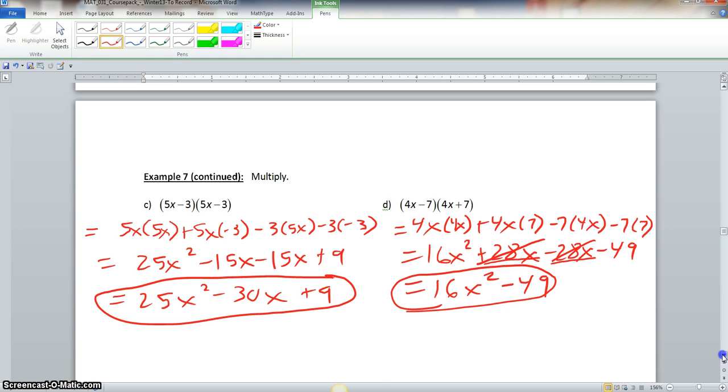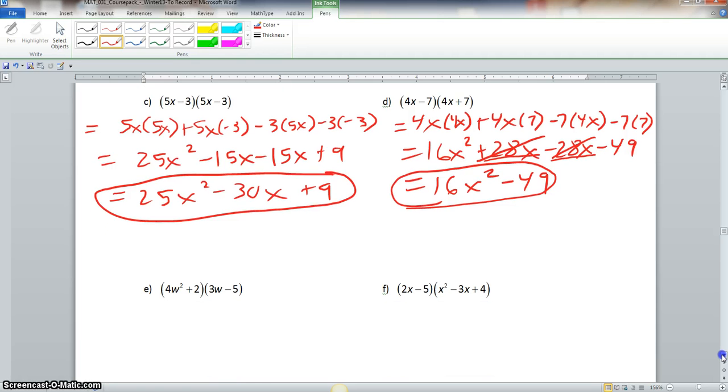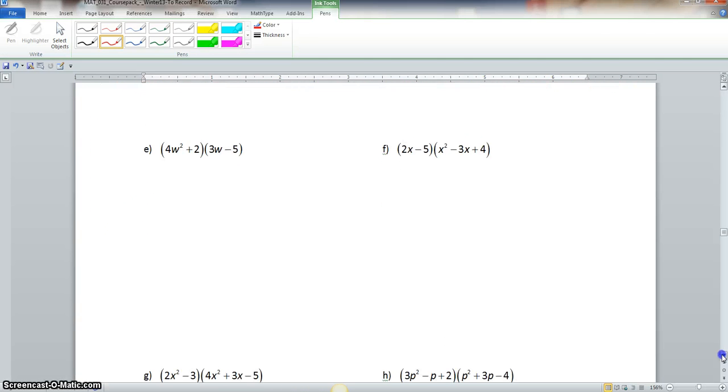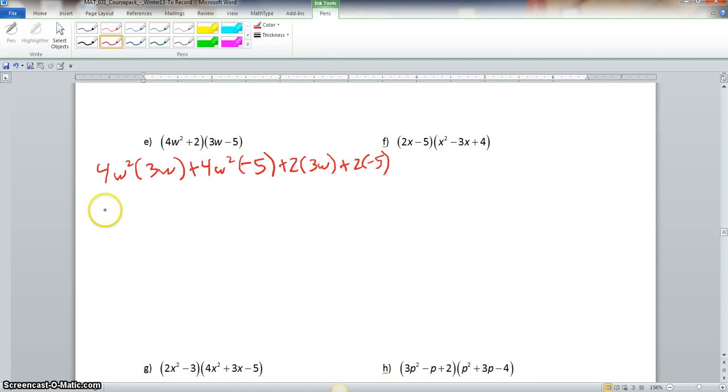So now we scroll down to E and F. Now these I'm going to physically do for you. So we will have 4w squared times 3w plus 4w squared times the negative 5. Then we will have plus 2 times 3w plus 2 times the negative 5.